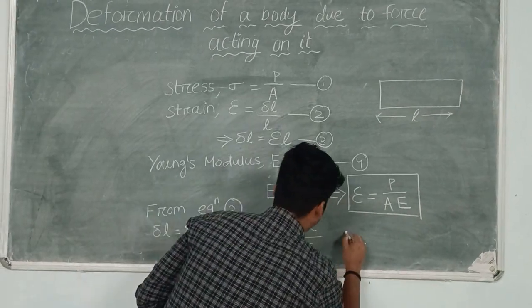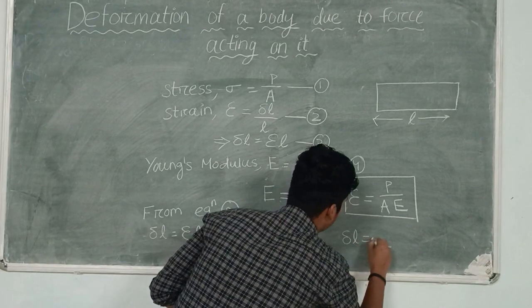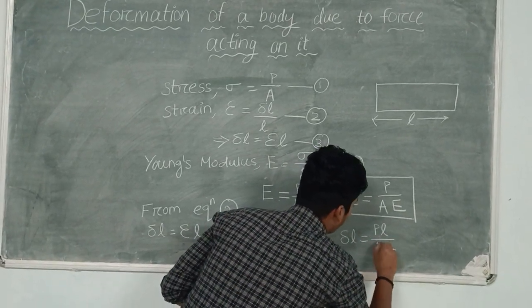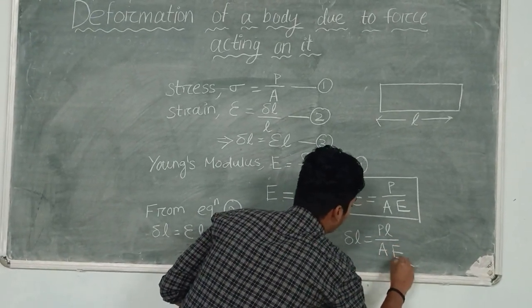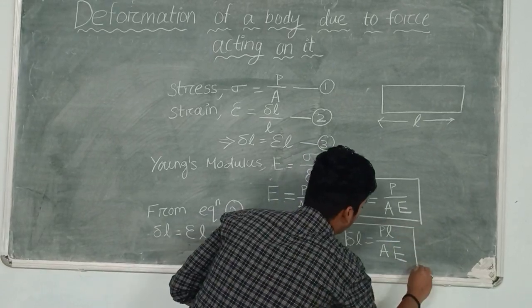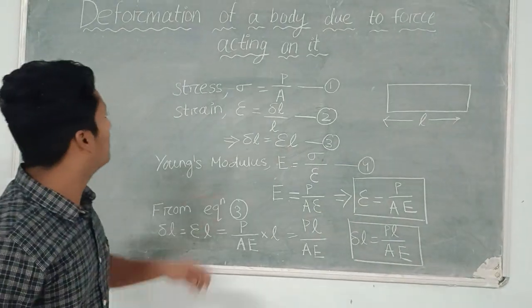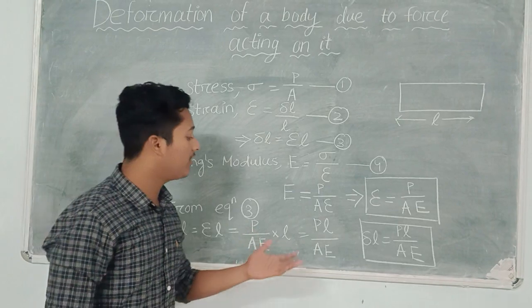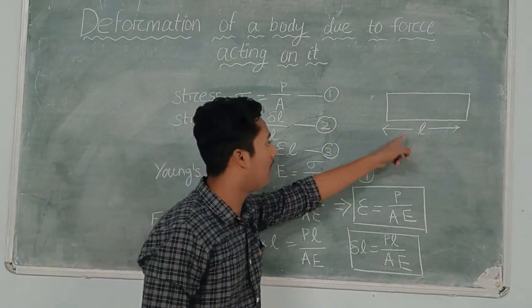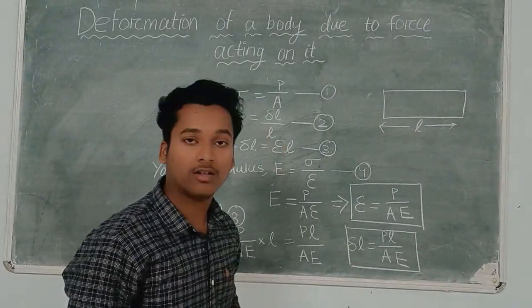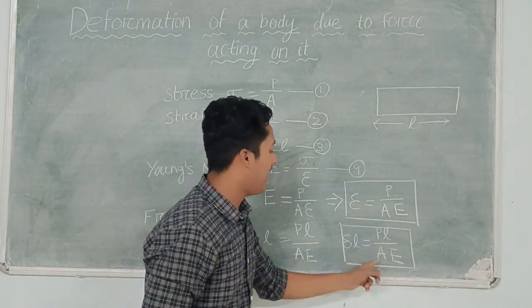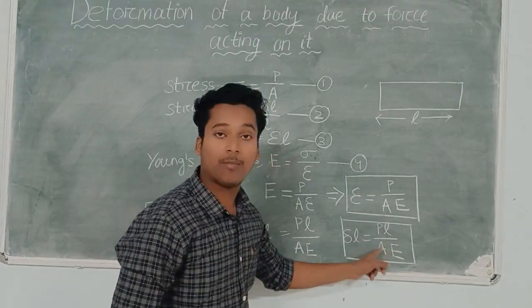We have to box it, that is del L is equal to PL by AE. So students, the deformation, how much the bar will deform when we apply a load on the corresponding body, is PL upon AE.